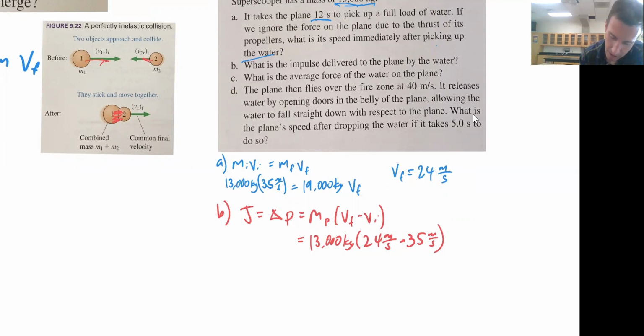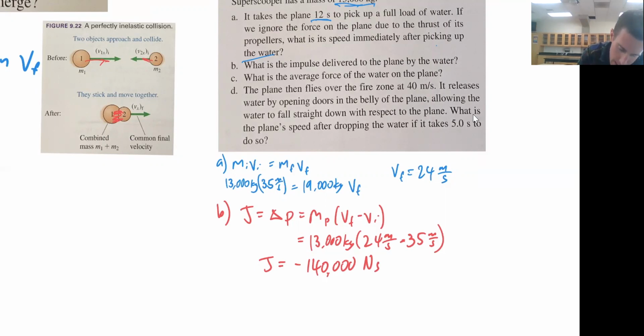But since I'm rounding to 2 digits, that would be negative 140. J equals negative 140,000 newtons times seconds. Okay. All right, looks good.